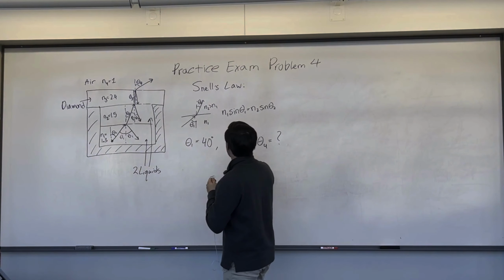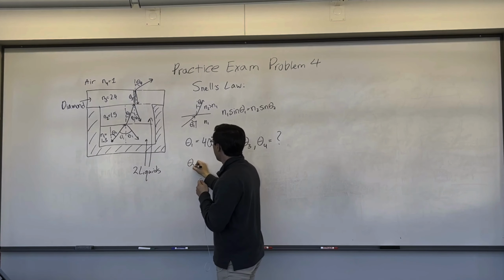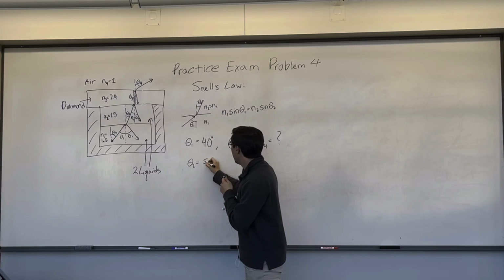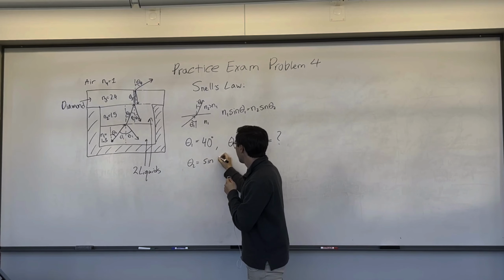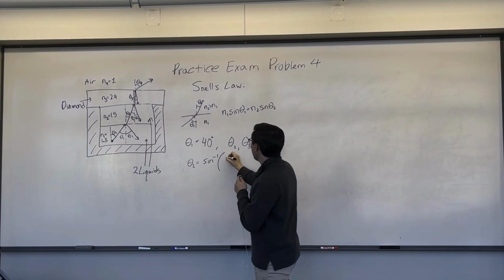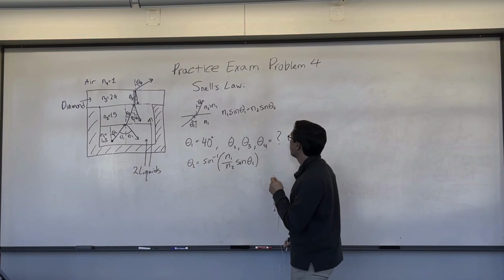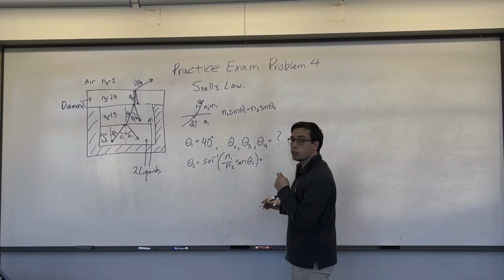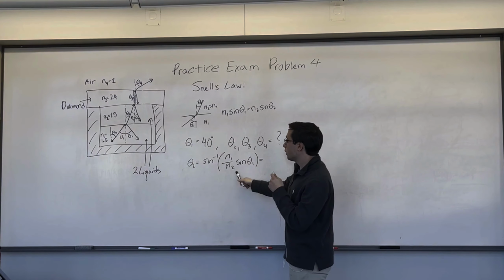So, theta 2, if we do some rearranging of our Snell's law, is the inverse sine of n1 over n2 times sine of theta 1. And actually, we know what our indices are.